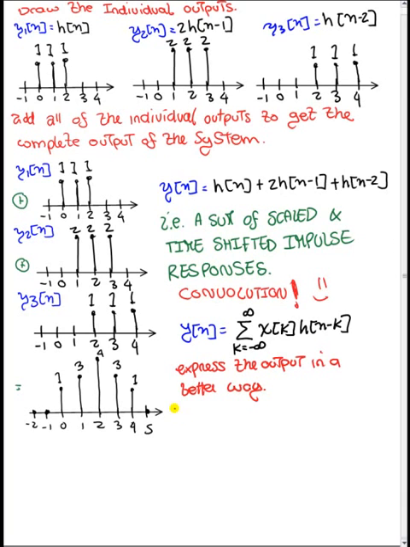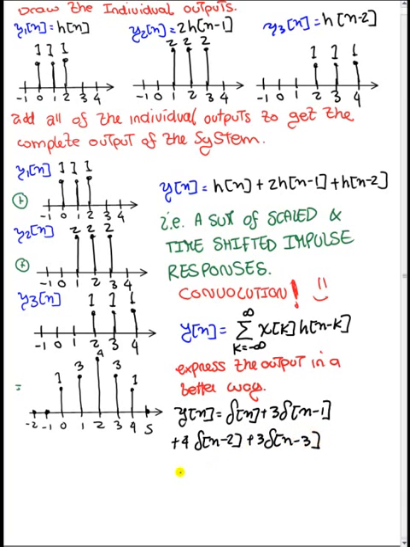So we'll say y of n is just going to be equal to an impulse response plus 3 times an impulse response divided by 1 plus 4 times an impulse response divided by 2 plus 3 times an impulse response divided by 3 plus an impulse response divided by 4.